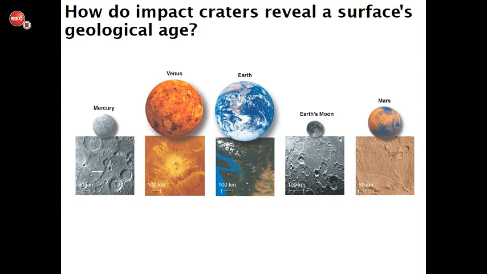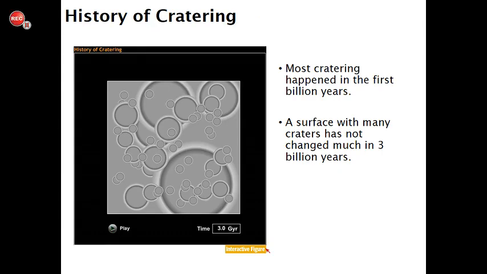And so we can age a surface by craters. Most of the craters occurred in the first billion years of the solar system. And so if there's a lot of craters present, then there's not been a whole lot of change to the surface, which means it's an old surface.